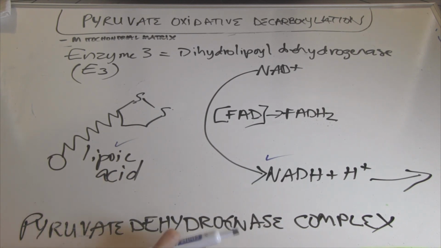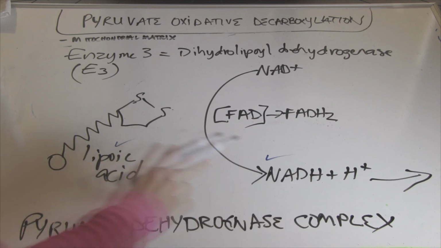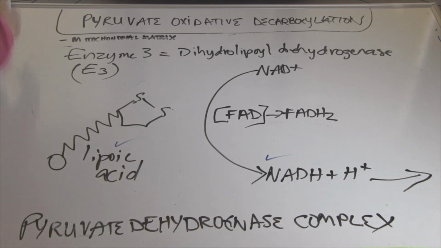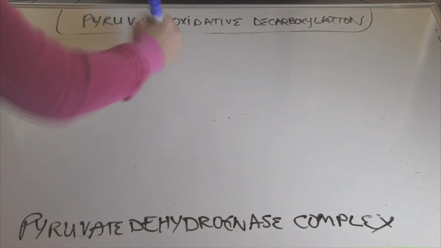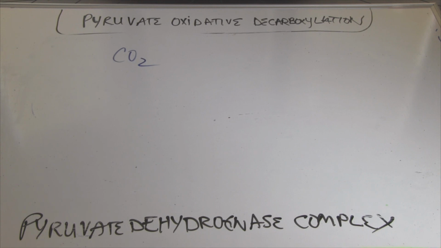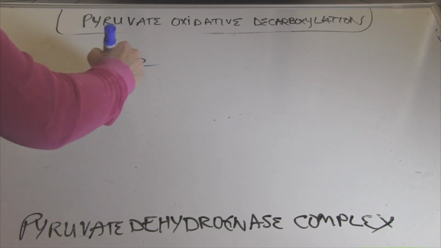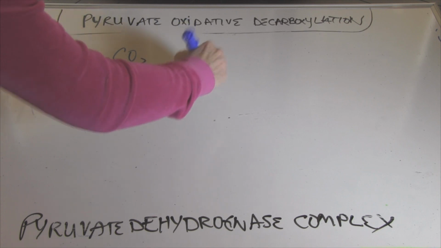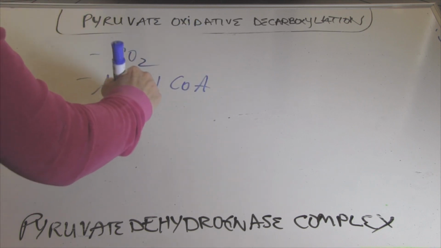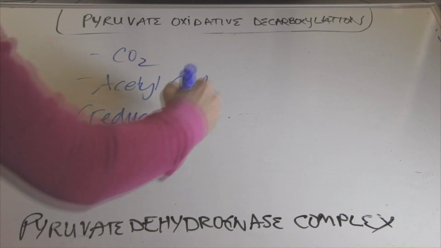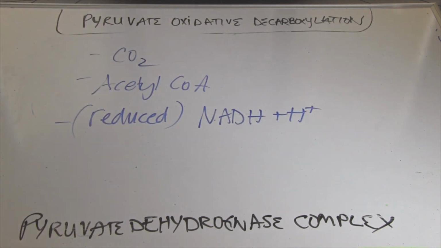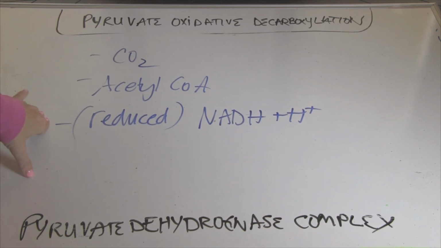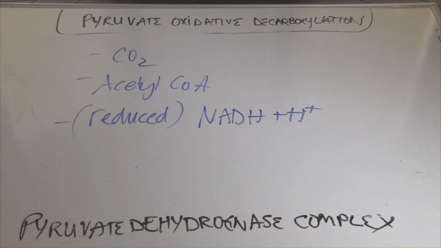Okay, so this is the pyruvate dehydrogenase complex, and the products overall: we got one molecule of CO2 from the first step, acetyl-CoA, and a reduced electron carrier, NADH plus H.